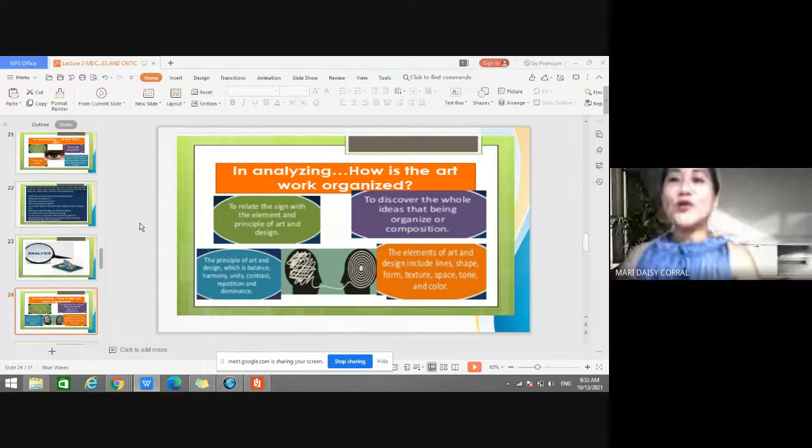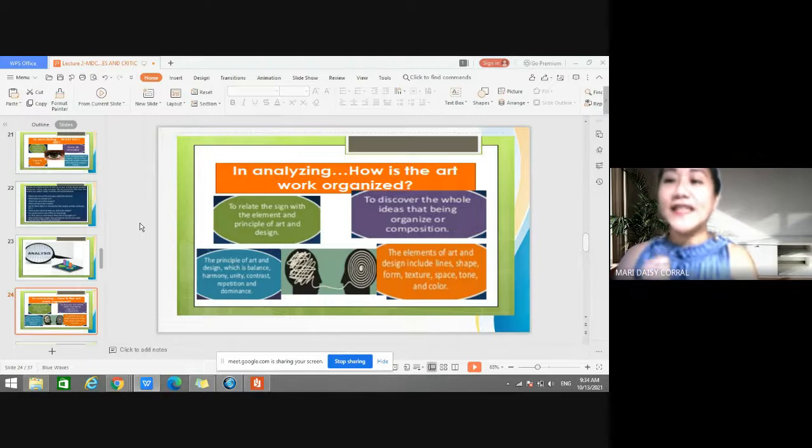To relate design with the elements and principles of art and design, you have to give meaning to this particular art by consolidating the principles and elements used in it. Out of that, you come to discover the whole idea, because you compose all of these small elements and principles together and come up with a big whole thing.